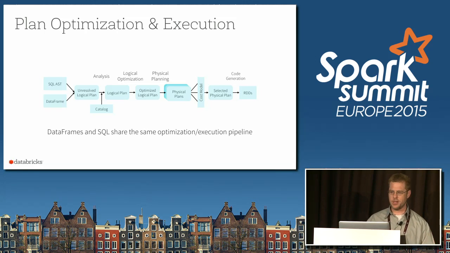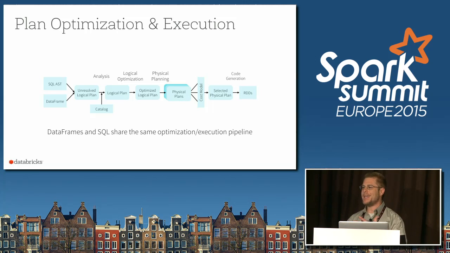Those are maybe too deep in the weeds, but the idea is that by compiling this down to a small number of primitive operations against RDDs, we can focus on optimizing those, and then we can code gen for those. So from those operations, we actually generate code, so we're running compiled Java bytecode at the end of the day. When we get to that point, we're not running operations in interpretive mode as if we were doing it step by step. We're actually generating code for this.